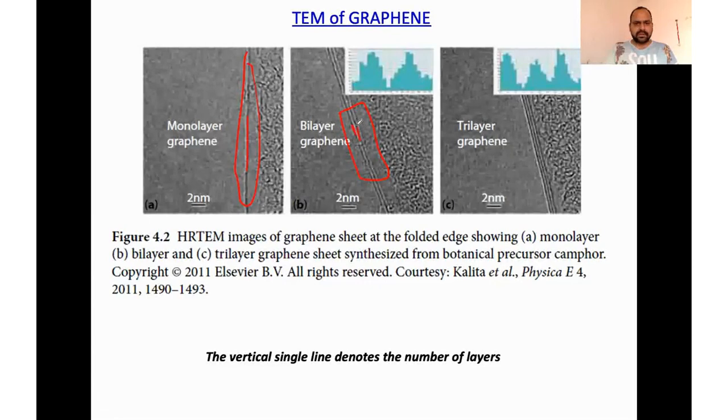Here you can see one set of data. We can get information about morphology, thickness, uniformity of the layer, and the number of layers that can be measured. And one more important area: sometimes we are growing sheets of micron size, let's say 10 micron, 20 micron, 30 micron, and that morphology and dimension may not be very visible in SEM or TEM.